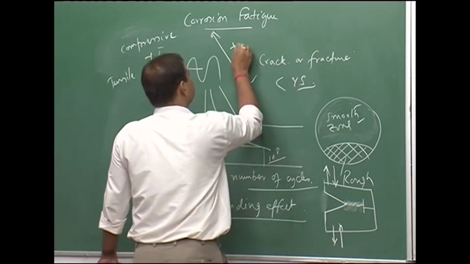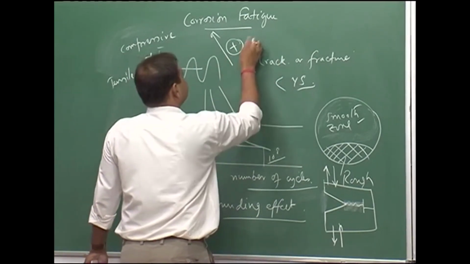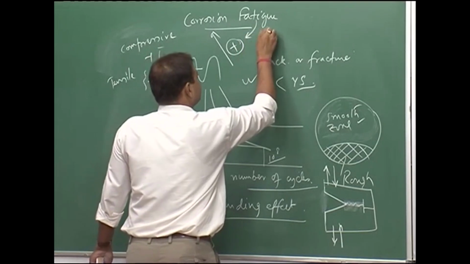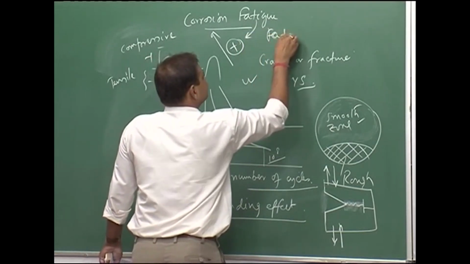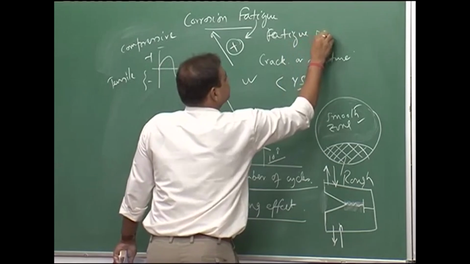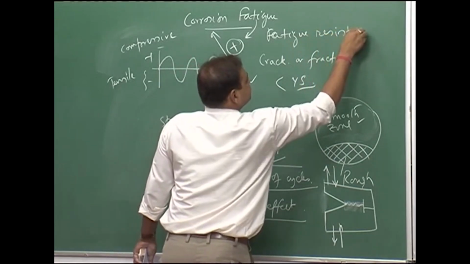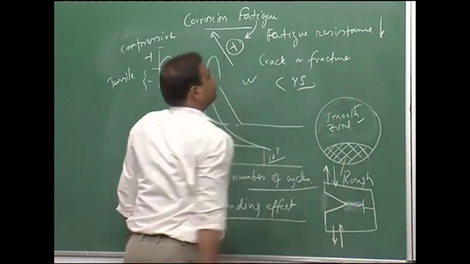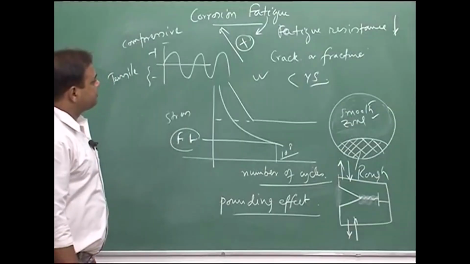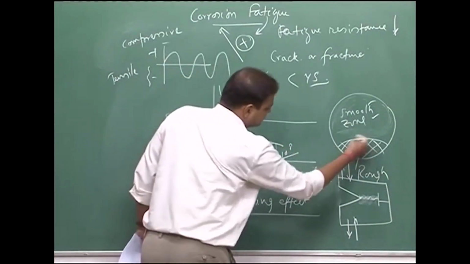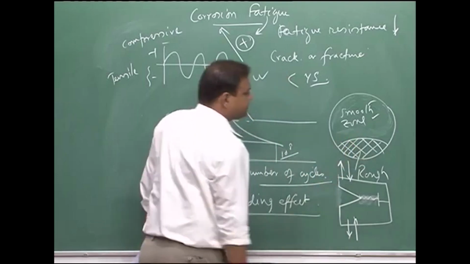So, if you have the corrosion effect along with fatigue, the fatigue resistance would go down. Now, during that process, this surface would always be rough.